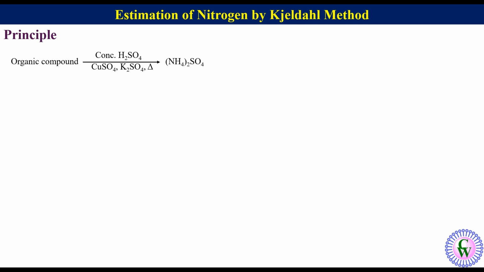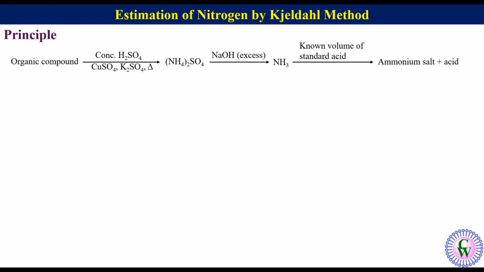The resulting mixture is then heated with excess of 10 molar sodium hydroxide, due to which nitrogen is liberated as ammonia. The liberated ammonia is then absorbed in a known amount of a standard acid like sulfuric acid. The solution is then titrated with standard sodium hydroxide solution and number of moles of ammonia is calculated.